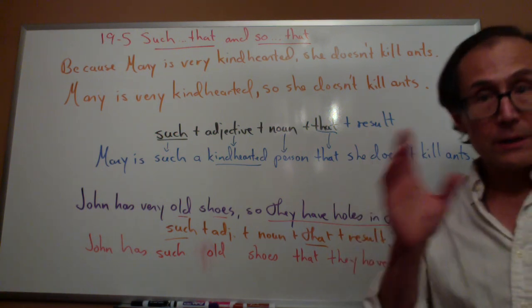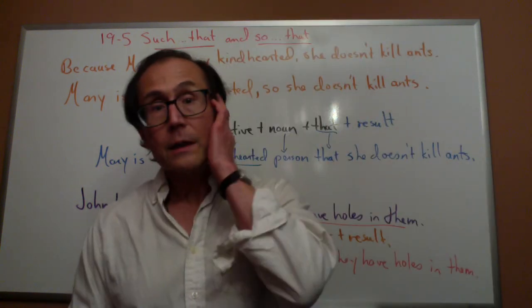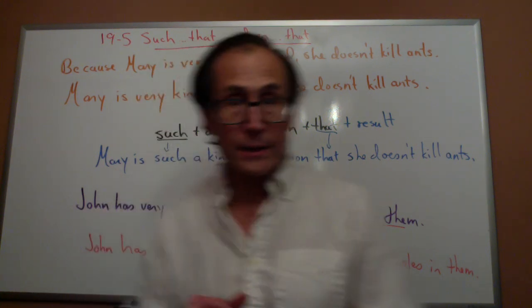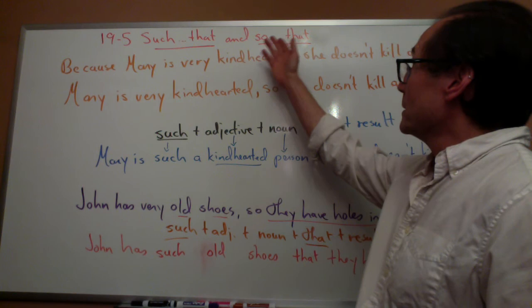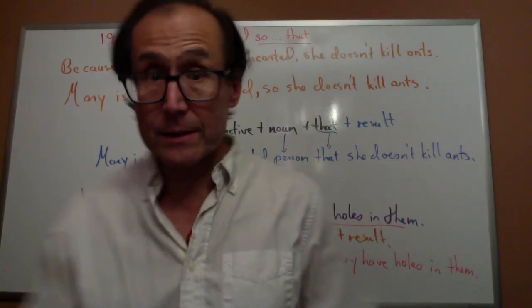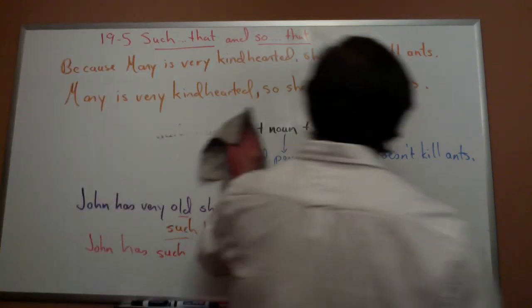Let's look at a second way that I can also, let's look at the second thing that we're studying in this chart, which is so and something and that. So I'll erase this.